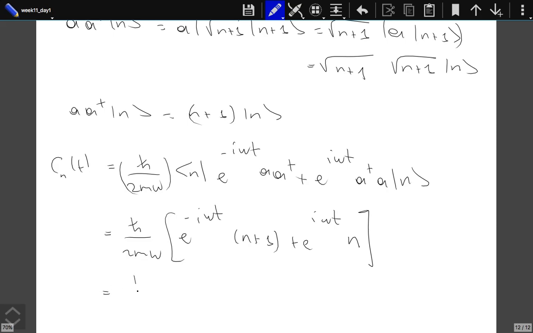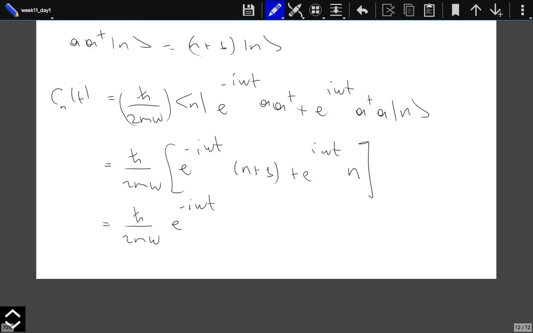Or if you like, this is equal to h bar over 2m omega e to the power minus i omega t, plus n times h bar over m omega cosine omega t.